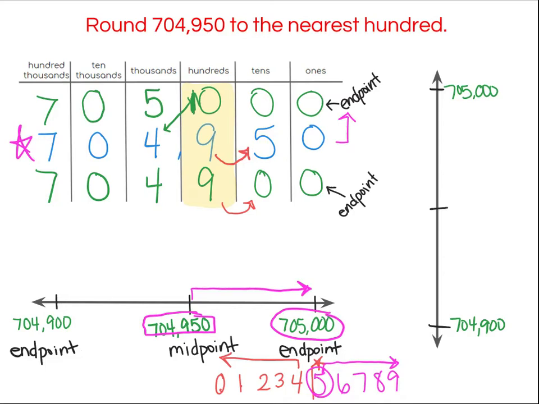And so it's always going to be, if we're looking at the hundreds, this next column will have a 5. So in this case, it is 704,950, which also happens to be the number that we started with. So I'm going to round up, because when there is a 5, we round up, and it rounds to 705,000.